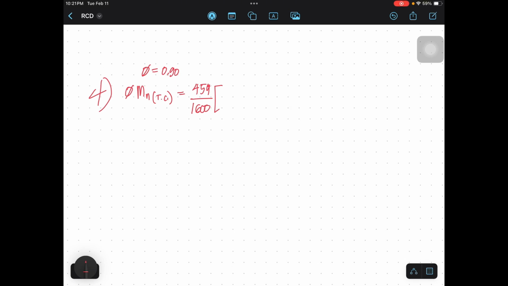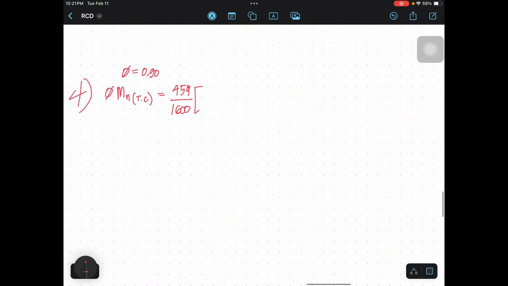So, galing din ito doon. Pero, for the sake of simplicity of the various parameters, the author of the reference book I use ay sinimplify na niya into this equation for tension control. Okay, o kumbaga tension control determination, i-check natin kung tension control ba siya or hindi.